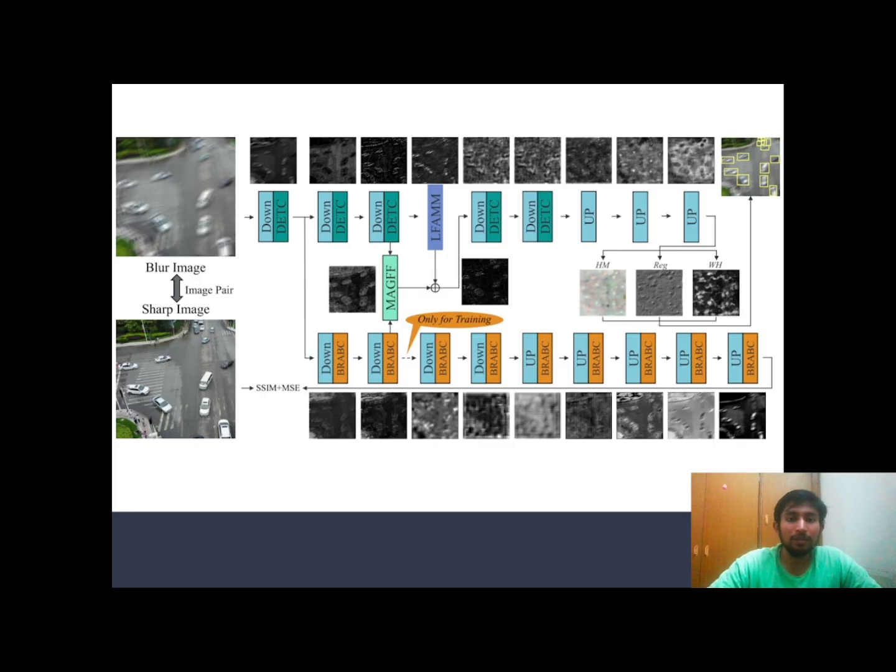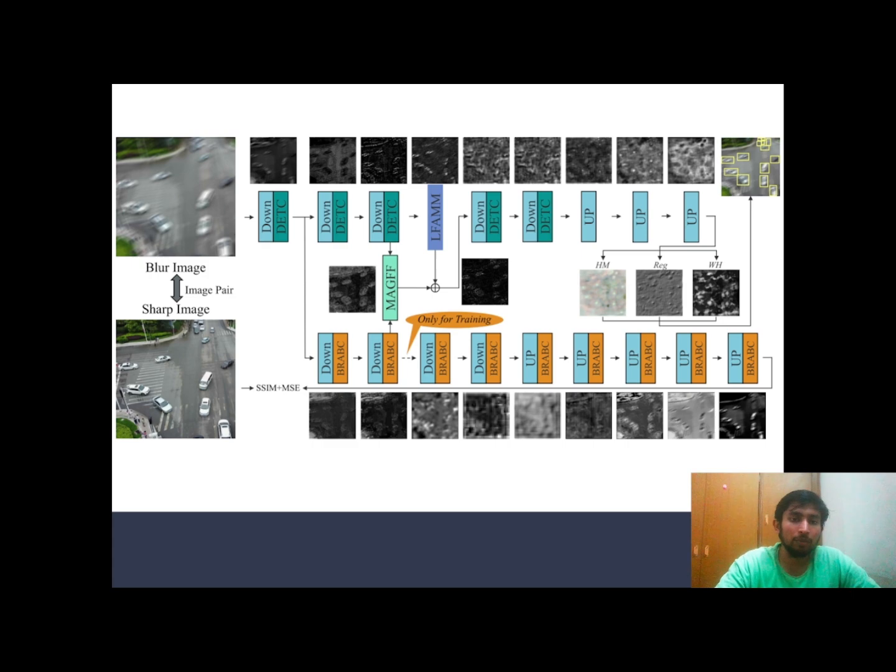The learnable frequency amplitude modulation module improves the high frequency details by adjusting feature amplitudes in the frequency domain. Essentially, it strengthens the edges degraded due to motion blur. Together, these modules provide strong robustness while keeping the inference lightweight.